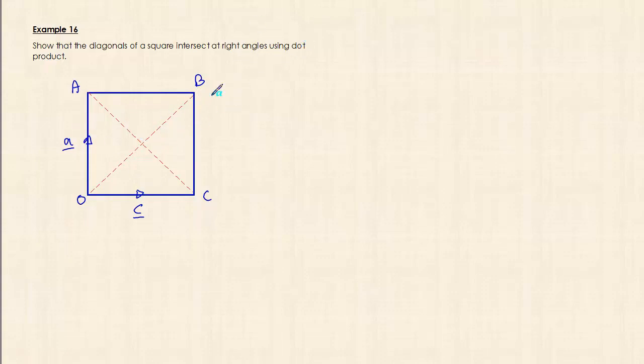Note that this is a square. Therefore, the size of the vector A, the magnitude of A, is the same as the magnitude of C. Now, how do we get from O to B?